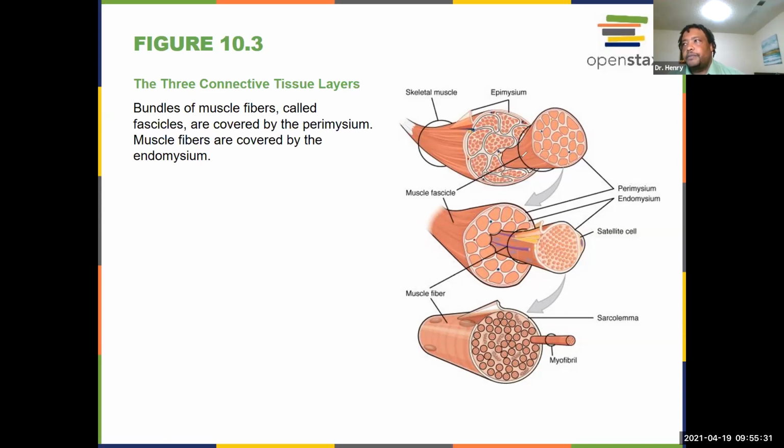These are going to be covered by this perimysium. And then you also are going to have what we call the endomysium, which is that internal layer. Those are just going to be tissues. So these muscle fibers are covered by tissues that are collecting them, kind of organizing them.